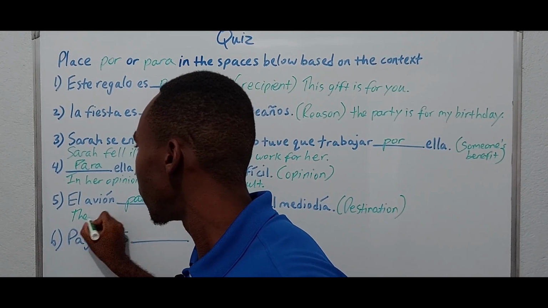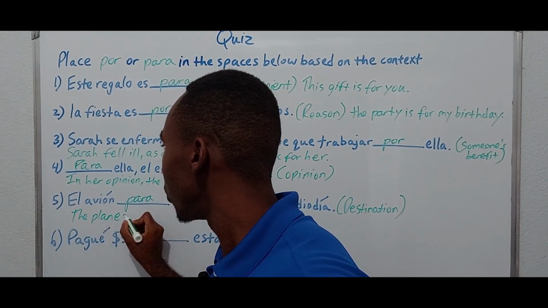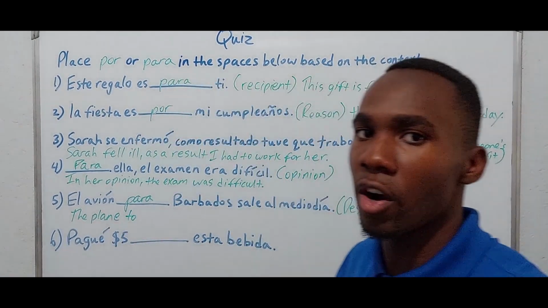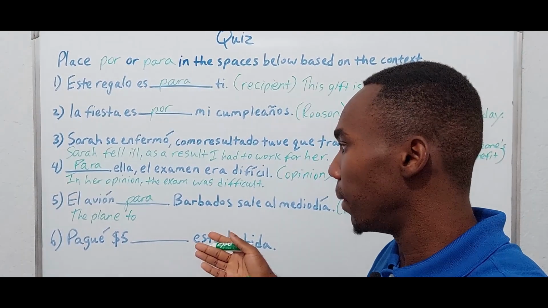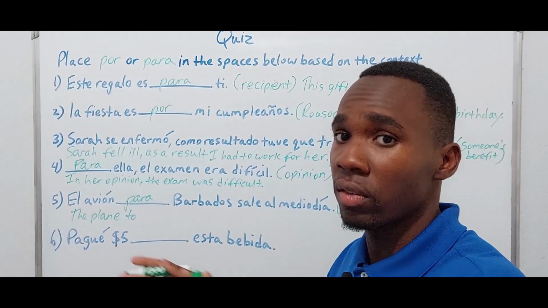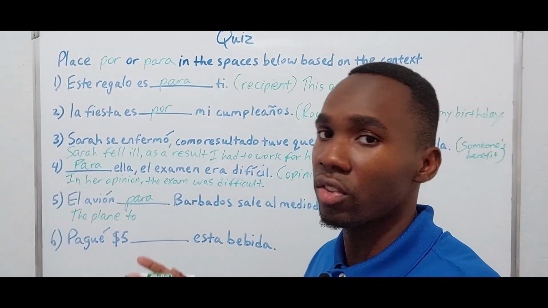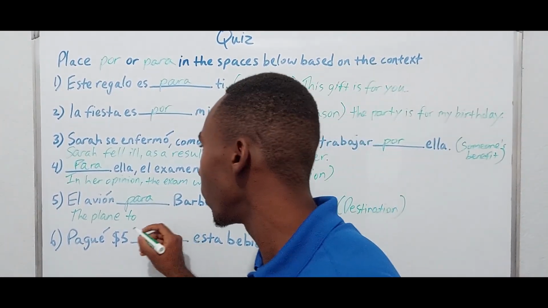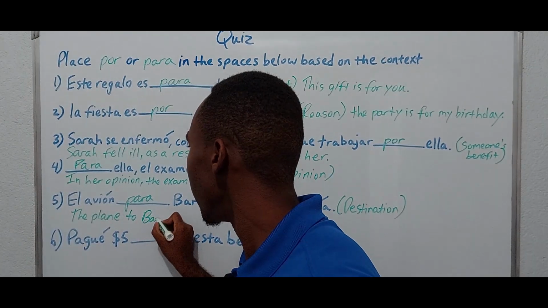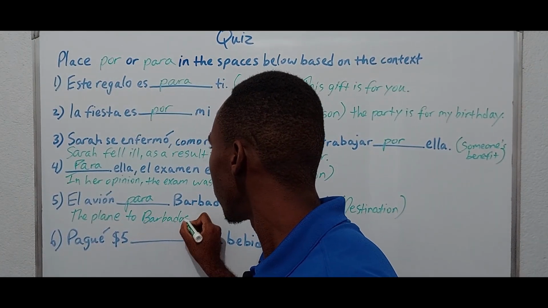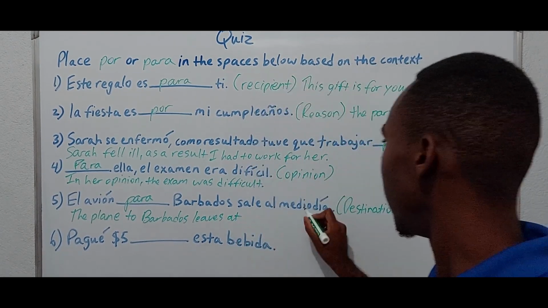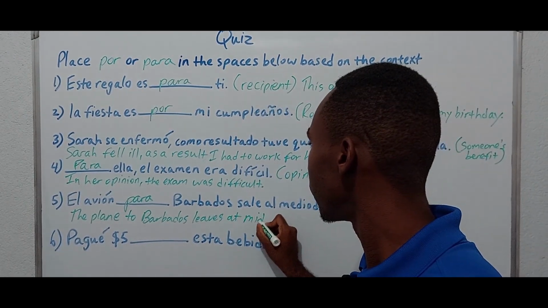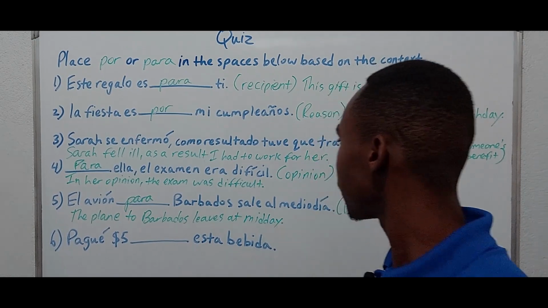So the plane to Barbados. You could say far to, but para would mean towards in this case. So you can still use far here, but I'm going to put to. The plane to Barbados leaves at mediodía, midday.